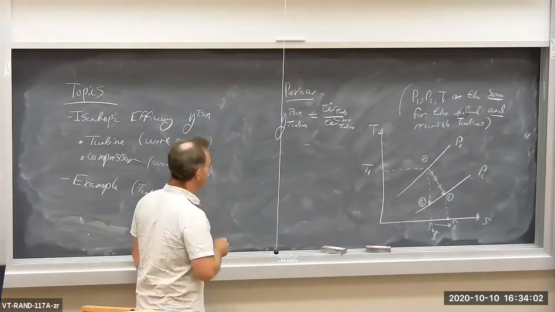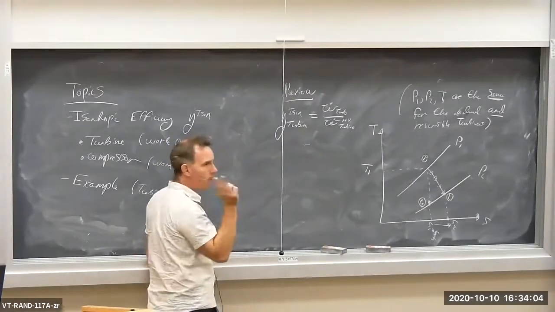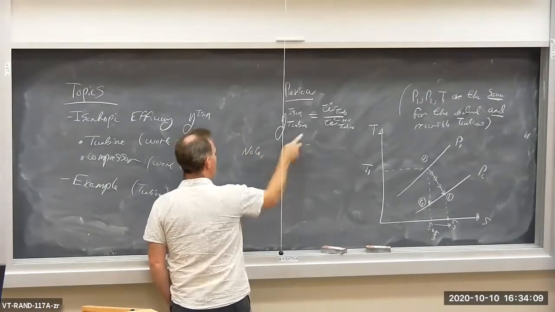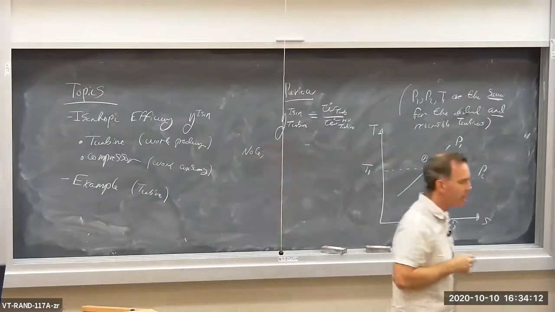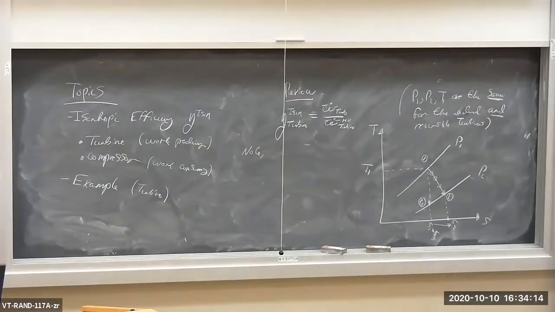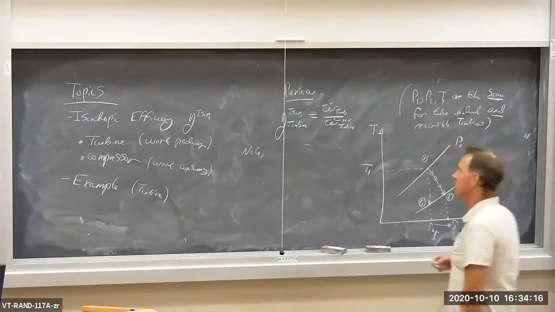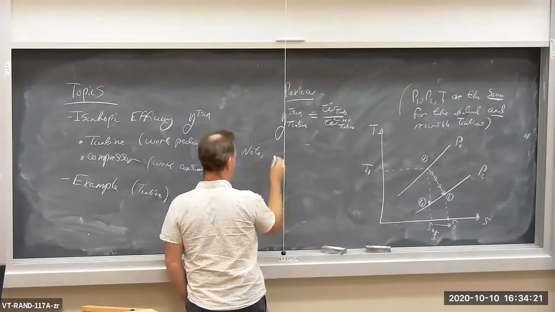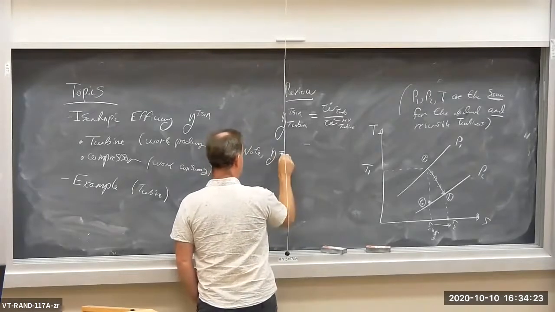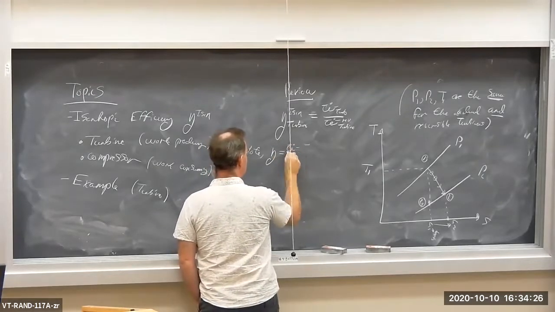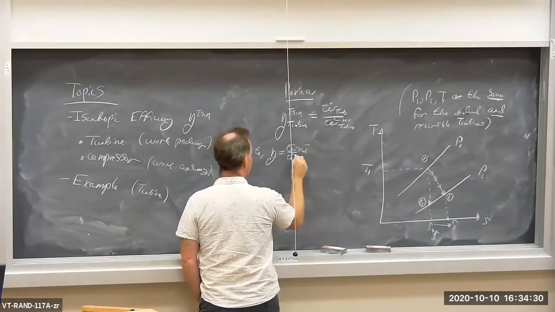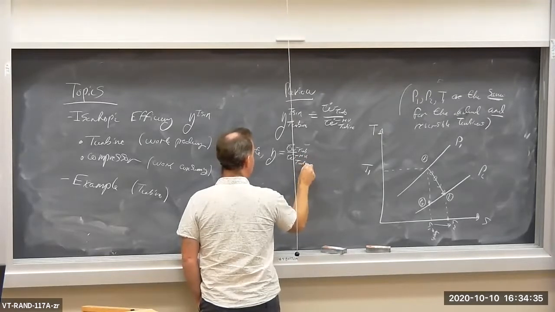One last little thing. Two last little things. Note, we can also rewrite this efficiency in terms of specific work by dividing by the m dot of the flow through the turbine. So I can also write eta is equal to W dot turbine over W dot reversible turbine.